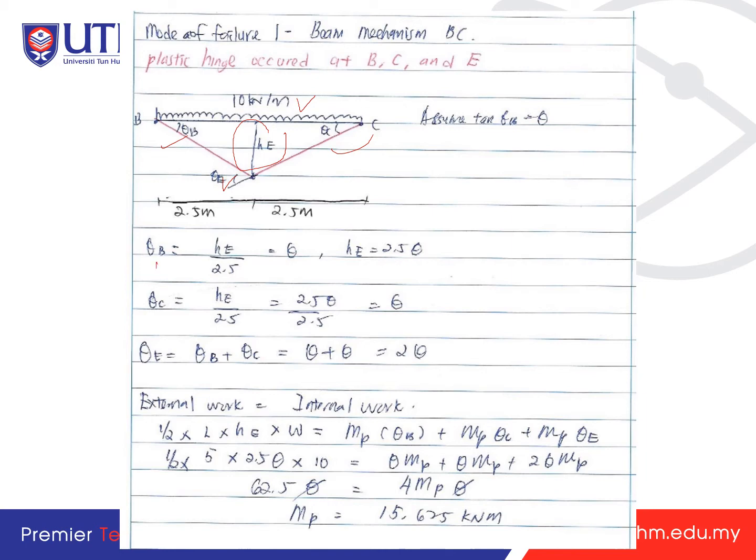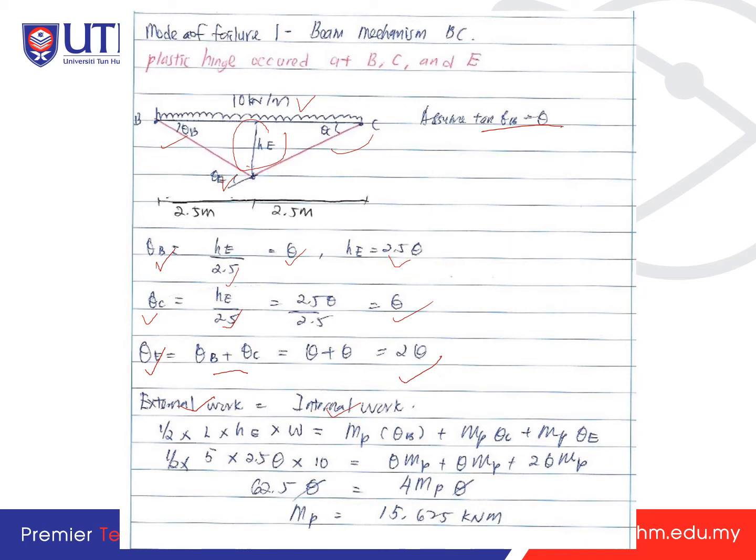You get theta B, which is HE over 2.5, and assume theta B is equal to theta, where tangent is neglected because of the small value. So HE is 2.5 theta. Theta C is equal to HE over 2.5, which is also theta. So theta E is equal to theta B plus theta C, which is 2 theta. So external work is equal to internal work.